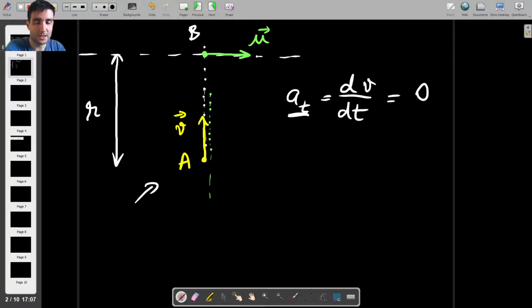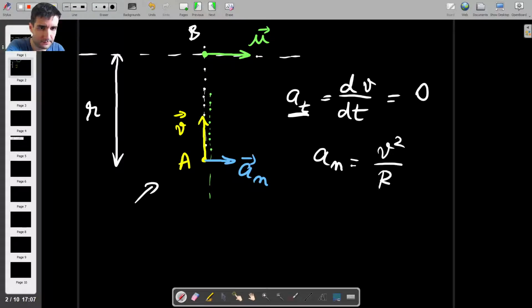So there's no component of the acceleration along the direction of the velocity of the dog, which means that the only acceleration component of the dog can be perpendicular to the velocity, and that's the normal acceleration, right? And we actually know what the formula for the normal acceleration is. It is v squared over r, where r is the radius of curvature of the trajectory.